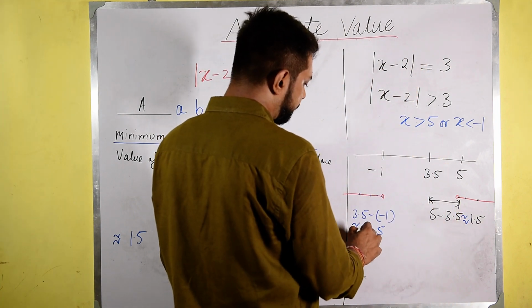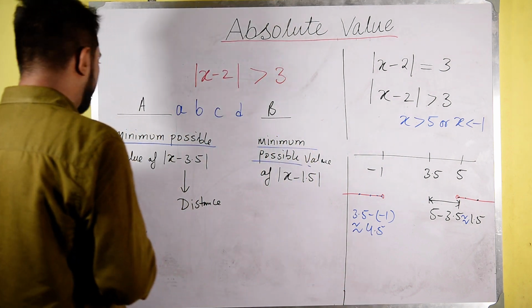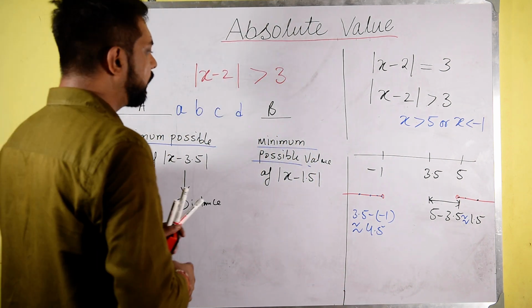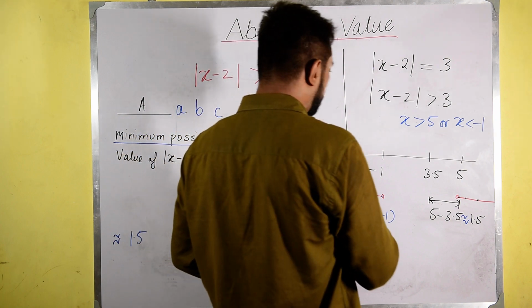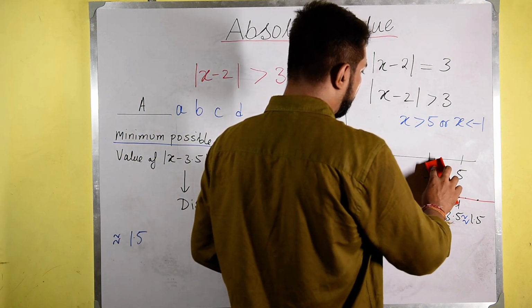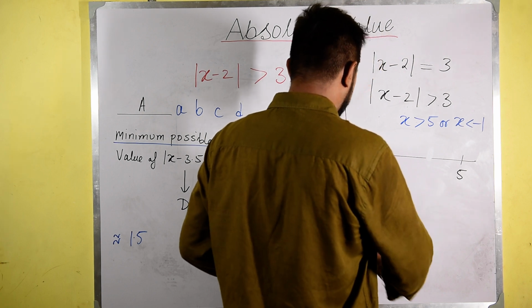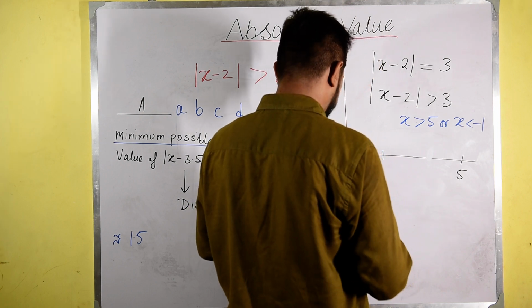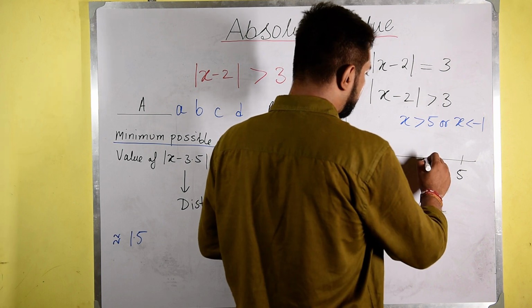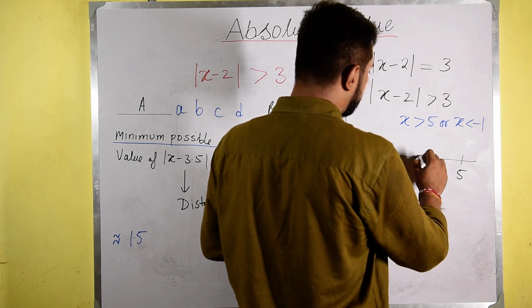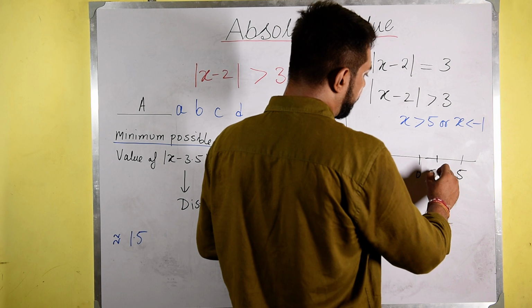Similarly now guys, I am going for the minimum possible value of |x - 1.5|. The concept will be the same. So this is 0, and 1.5 will be here somewhere.